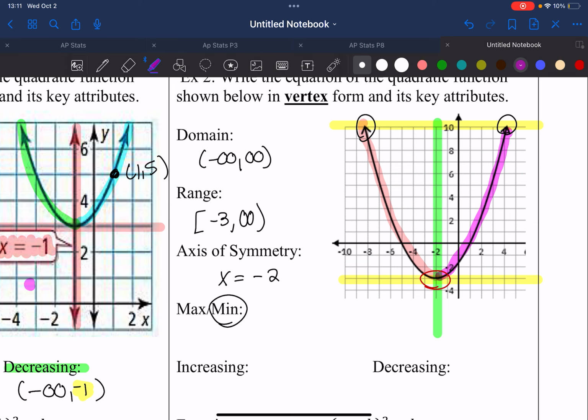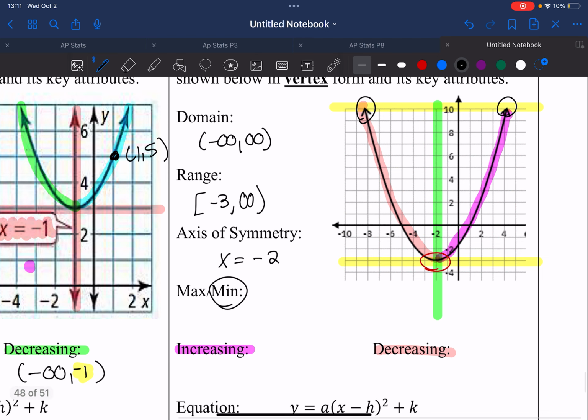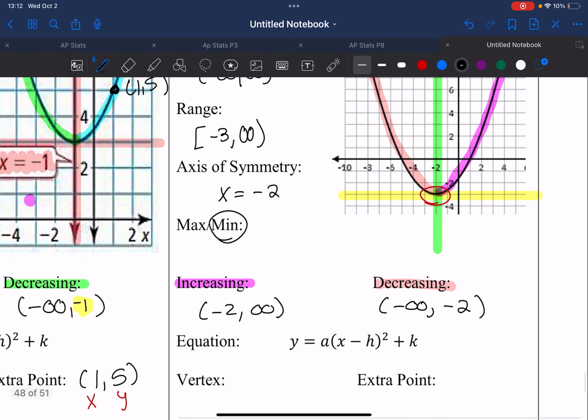So the increasing side is going to be the right, and the decreasing side is going to be the left. Okay, so remember we start with our axis of symmetry, so -2 to infinity. Then we start with our -infinity and end with our axis of symmetry of -2. So that is the values when it is increasing and decreasing.